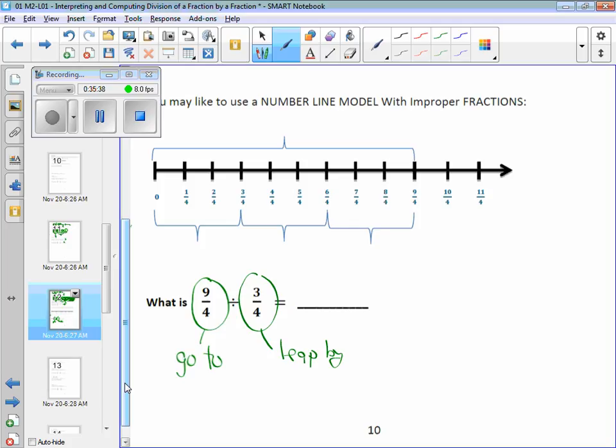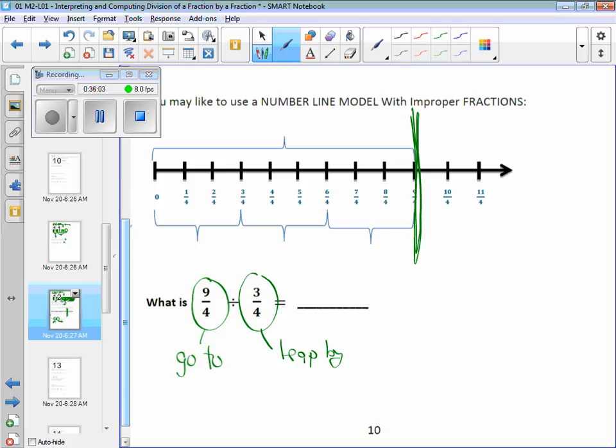But where do I have to go according to the division expression? Rando. I got to go to 9 fourths. I want you to put a line here so you can see it. That's my go-to. This is kind of already done for us, but that's all right. Leap by, which is the same as groups of, leap by 3.